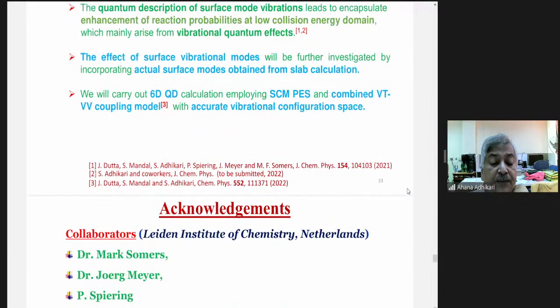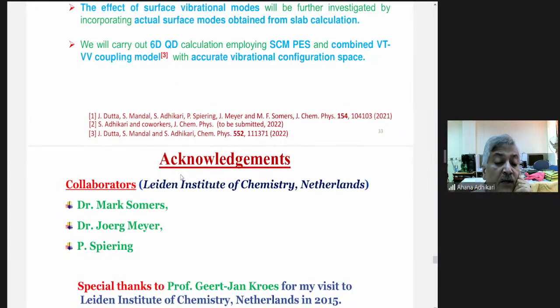And let me acknowledge my collaborators in this calculation, Mark Somers, Jörg Meyer, and Paul Spring, because they have given me the SCF potential. We have developed our theory here, and they have given us the interaction potential. And the Hamiltonian is made, and then dynamics is made.